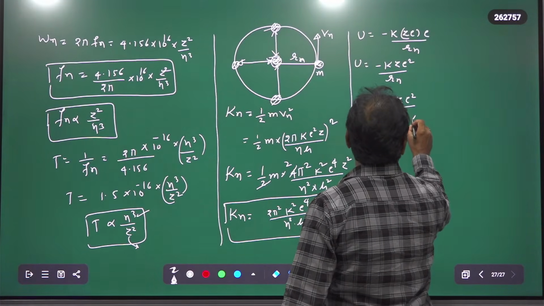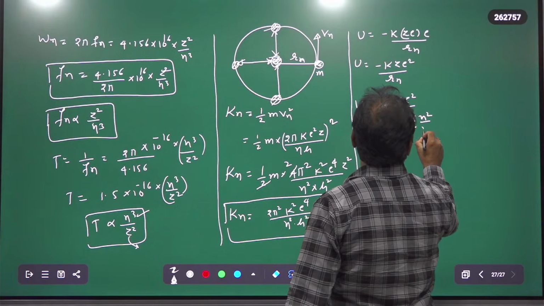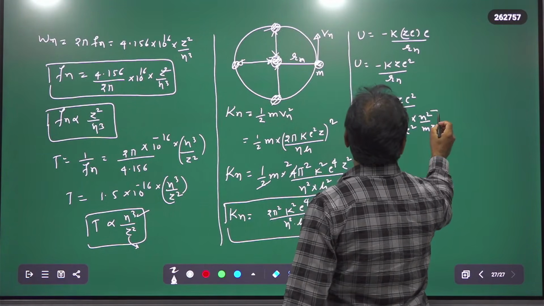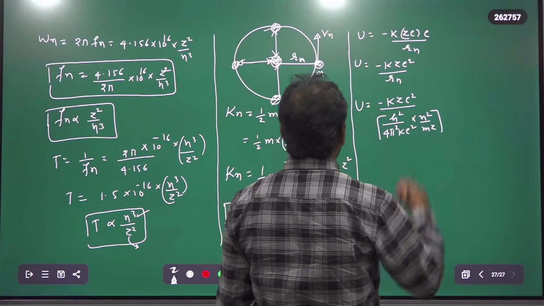Here also, U is equal to minus k Z e square upon h square upon 4 pi square k e square into n square by mZ. This is the value of R. Is it clear?